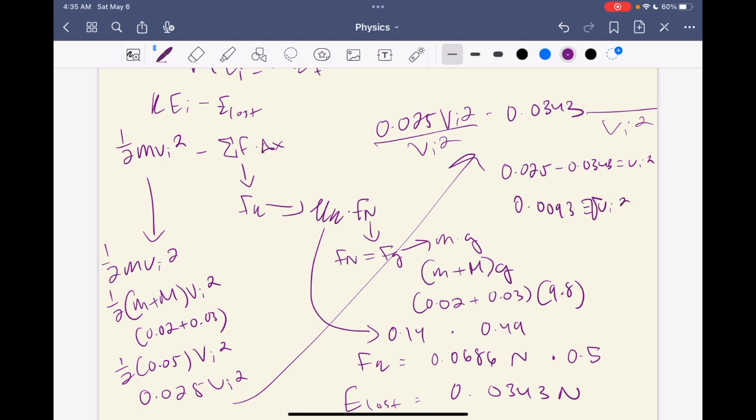After this, we square root both sides to find the speed. The square root of 0.0093 is 0.096 meters per second.